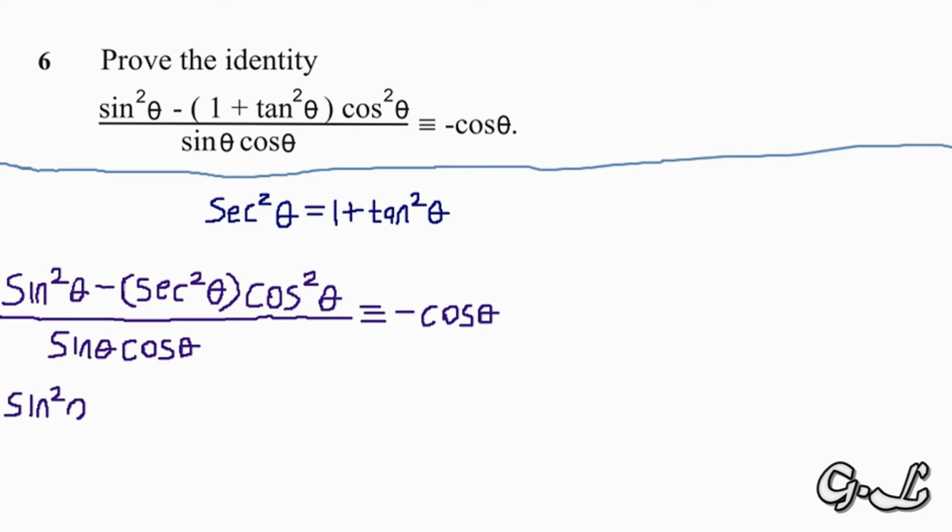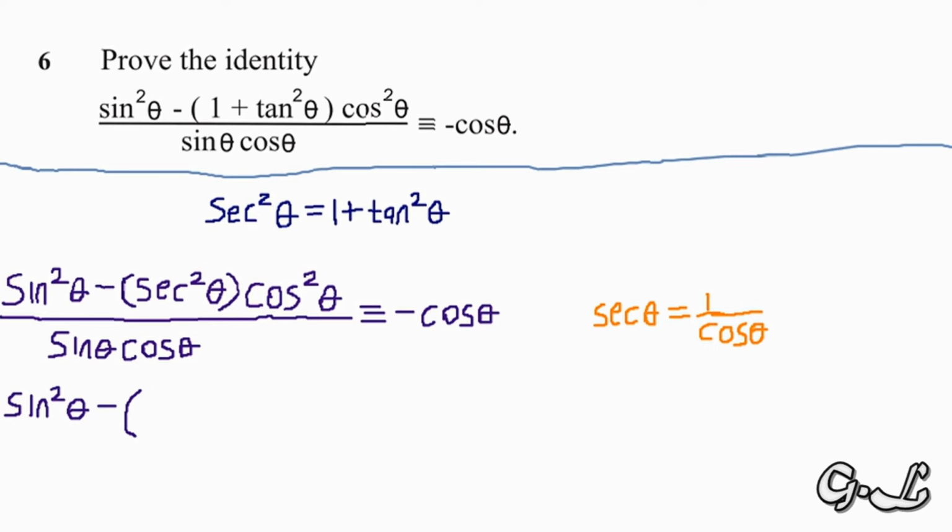Now our next step is to identify that sec squared theta. Sec theta is equal to 1 over cos theta. That is what you should keep in mind. Now if it is squared, what should you do?